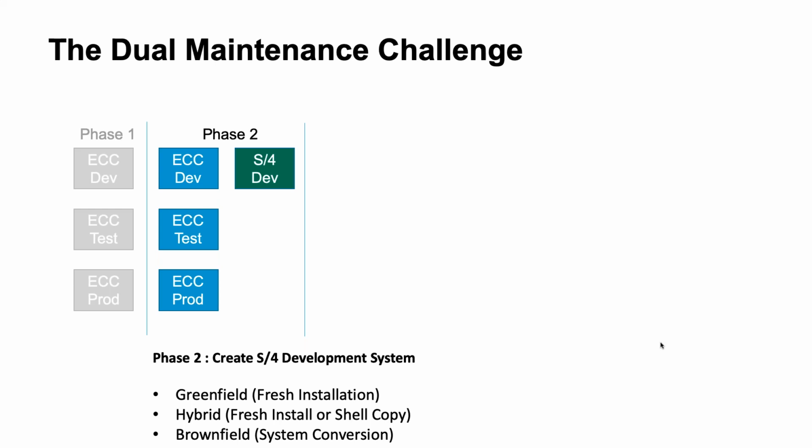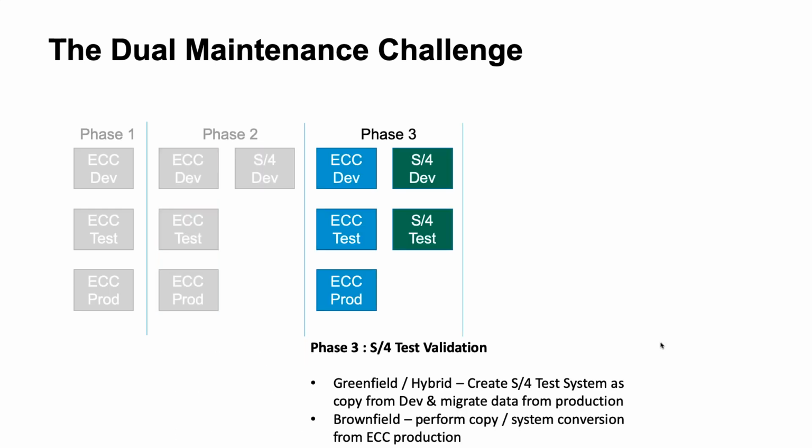So once that system has been created, you have the work around engineering your solution on S4, including any code remediations, any of the simplification items that are necessary with S4. And then at some point, you will build out a test system to start doing your validation. Again, that could be based on a copy of what you've done so far in the S4 dev system, if you're doing greenfield or hybrid.